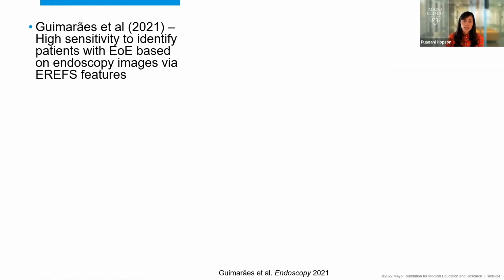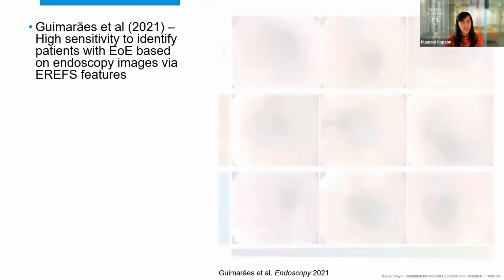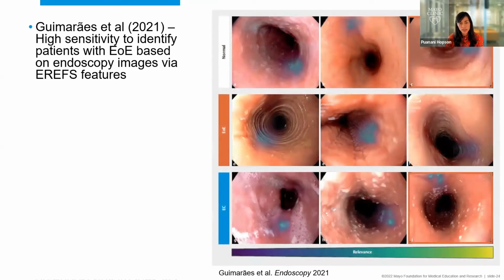Two studies were looking at this. The first looked at how the photos look and identified highlighted areas of relevance, specifically teaching the model to identify those EREFS: edema, rings, furrows, strictures, and exudates.